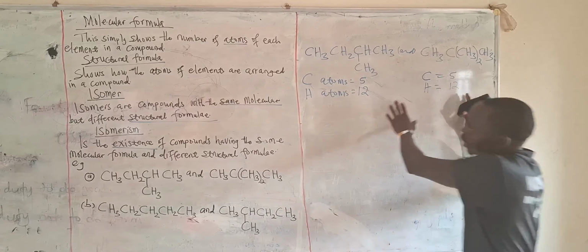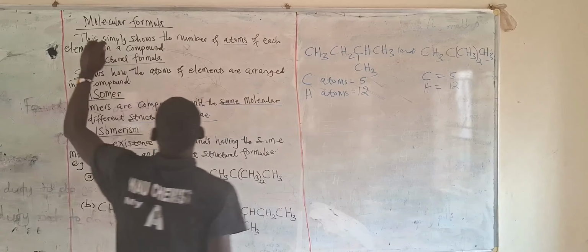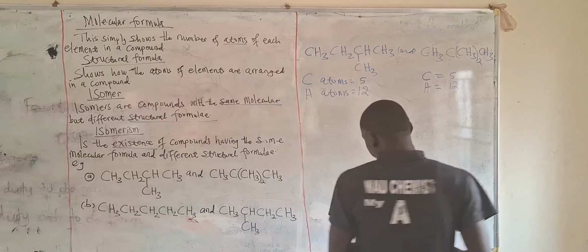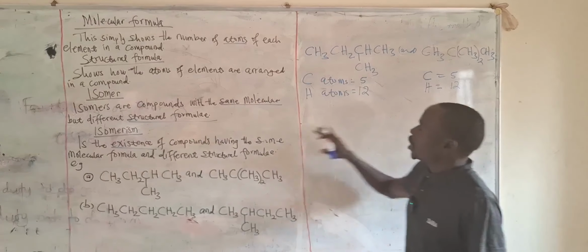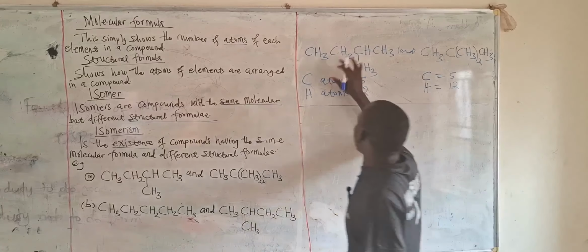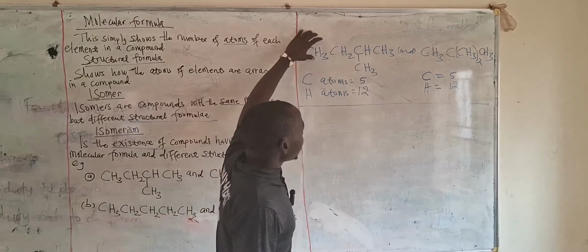So when we look at this critically, they have the same molecular formula. So let's see how they differ in their structural formula. Let's see this arrangement very carefully. So here we have how many carbon atoms? We have 5.